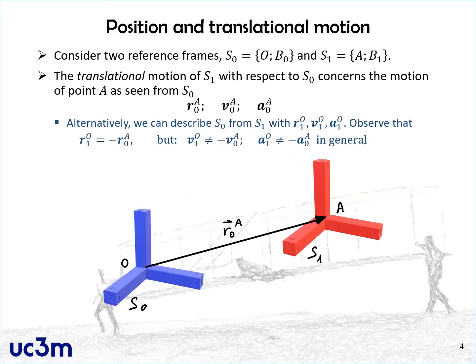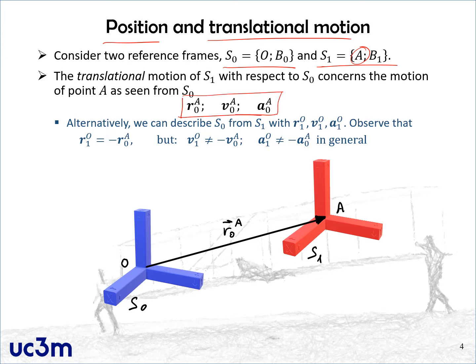So when we talk about giving the position and the translational motion of a reference frame with respect to another, what we mean is describing the position, velocity, and acceleration of its origin point. So imagine that we have 2 reference frames, S0 over here and S1, whose origin is point A. Basically, when we want to describe the translational motion of S1 with respect to S0, what we have to provide are these 3 vectors.